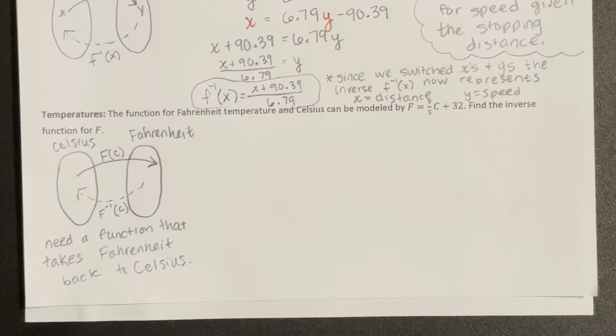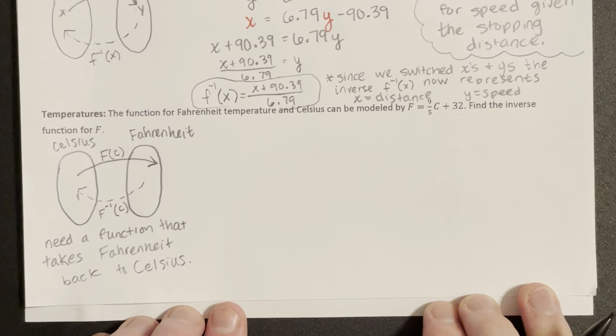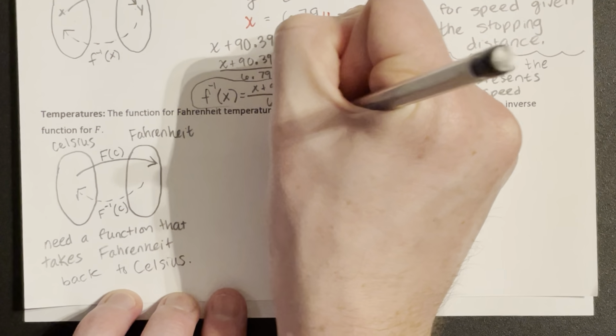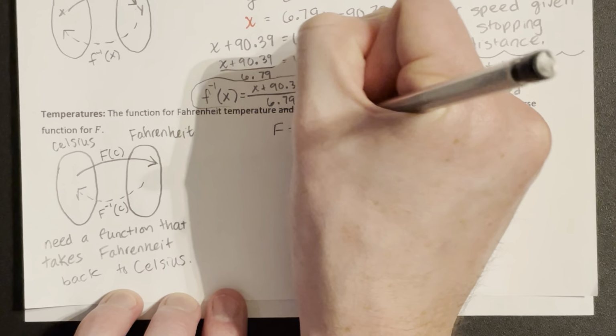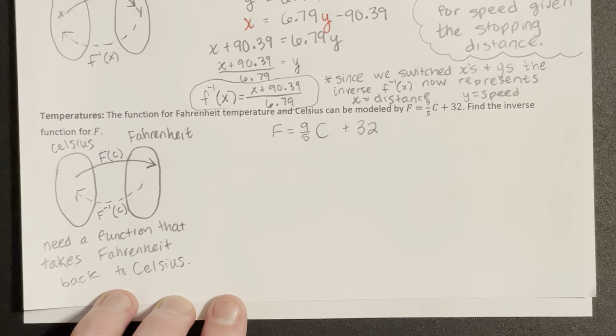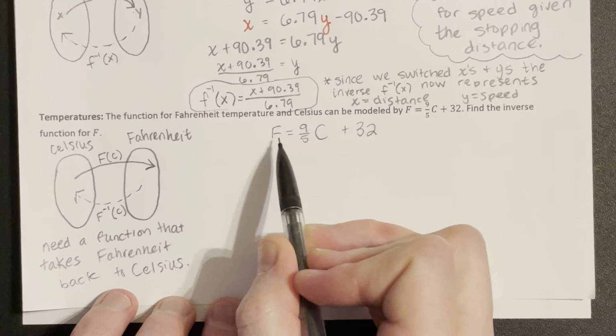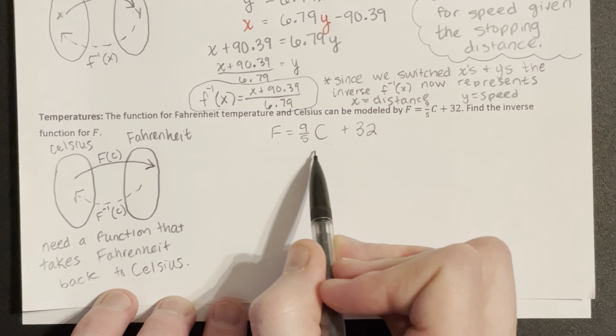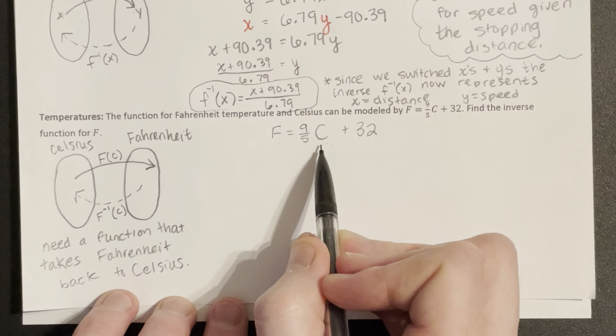Okay, I'm going to do this two ways to kind of show what this means, but based off what we have here, F equals 9/5 C plus 32. I'm not going to swap our x's and y's here because these x's and y's truly do mean something. Our x is really a c for our input.